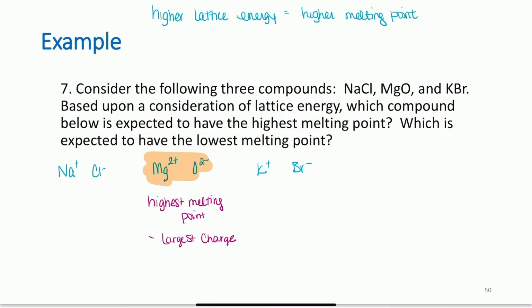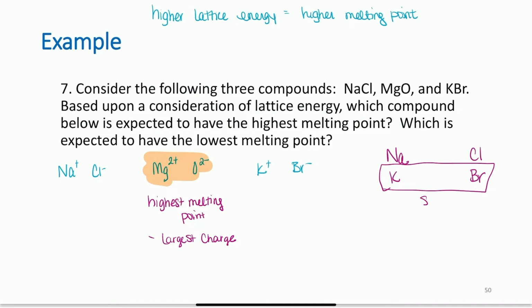Now we're comparing NaCl and KBr. What's going to have the lowest melting point? The compound that has the lowest melting point will have the lower lattice energy. If I look at the periodic table, sodium is above potassium, chlorine is above bromine.